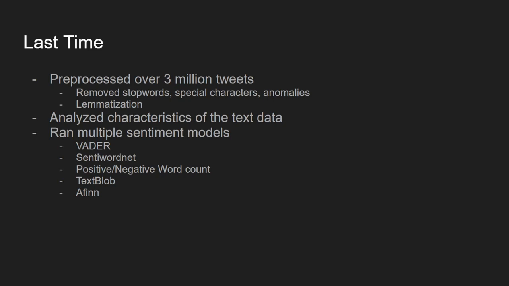We ran VADER, SentiWordNet, which is a part of the NLTK library in Python, the positive and negative word count one, TextBlob, and AFINN. So these sentiment models gave us a score for each tweet, and that score was decided based on a majority vote from those five outputs, and we ended up with a -1 for a tweet if it was considered a negative sentiment, a 0 if it was considered a neutral sentiment, and a 1 if it was considered a positive sentiment tweet.